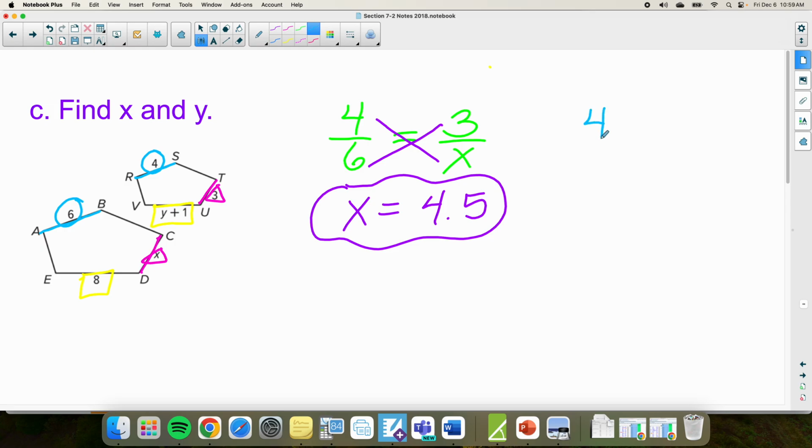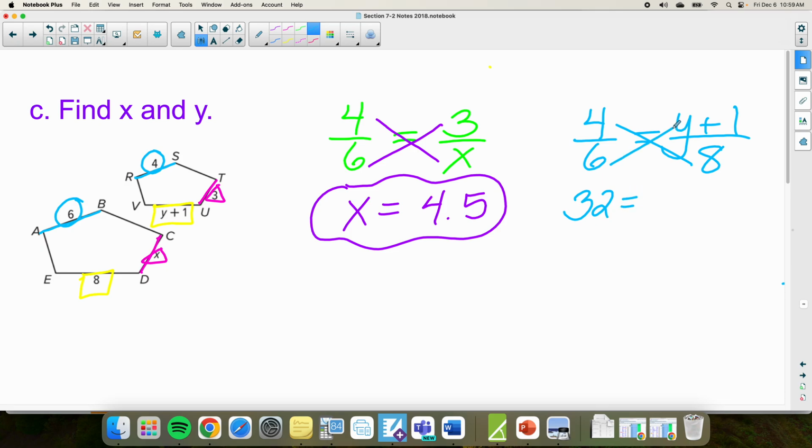I'm going to go blue over blue equals yellow over yellow. So y plus 1 over 8. Does everyone get how I'm putting these in order? Like blue over blue equals yellow over yellow? That makes sense? Okay, so if I multiply these 2, I get 32.